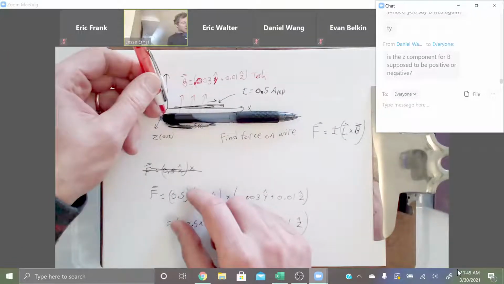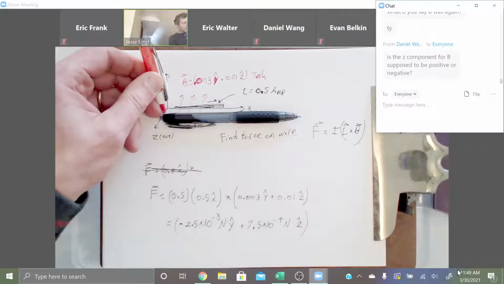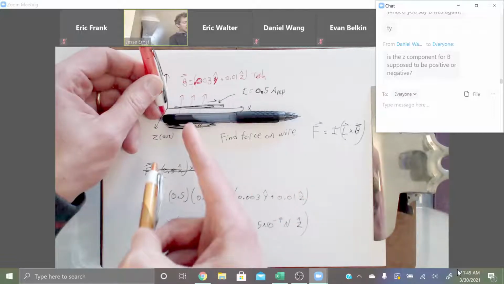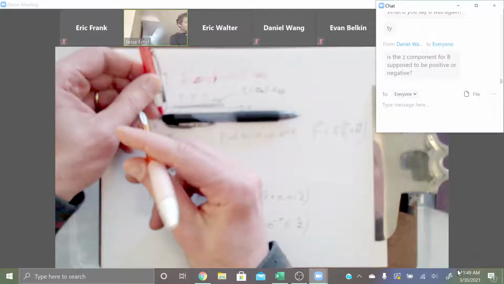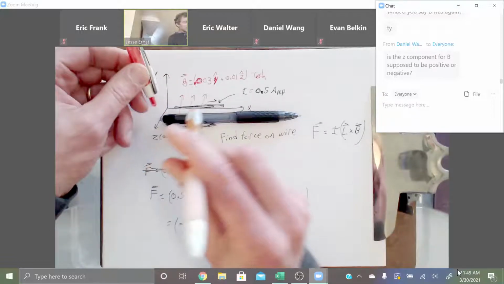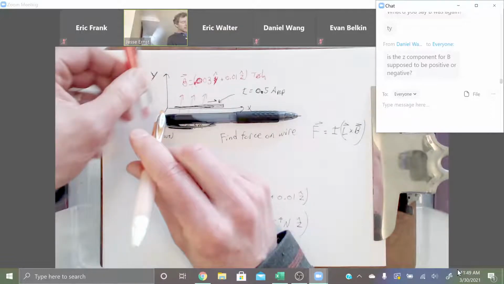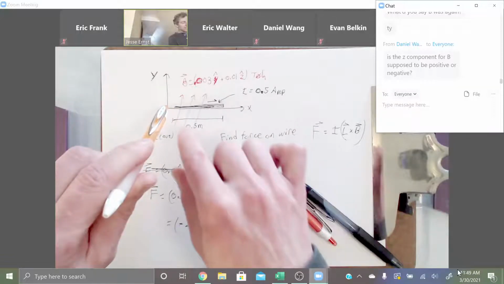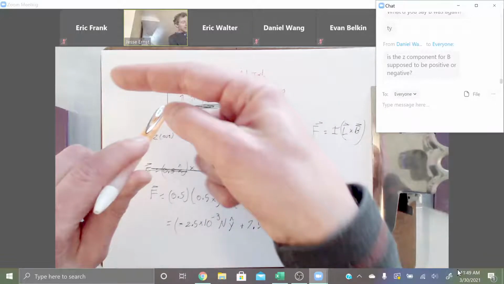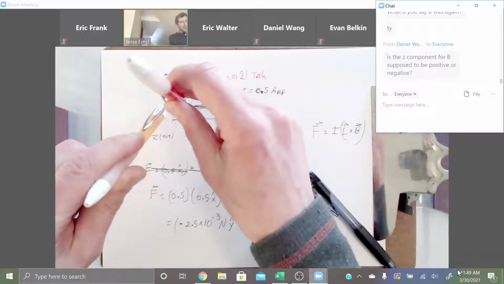And so the cross product of this cross that points this way, and it has a positive z component, right? Because z comes out of the page, and a negative y component because y points this way.